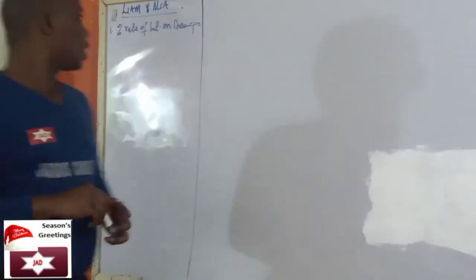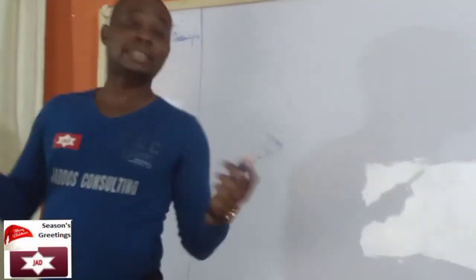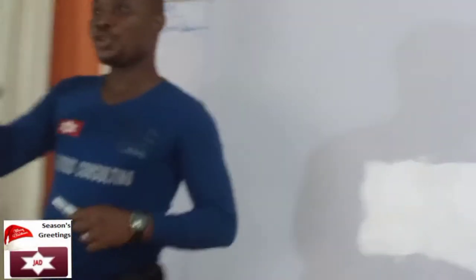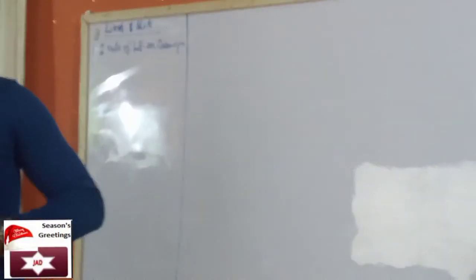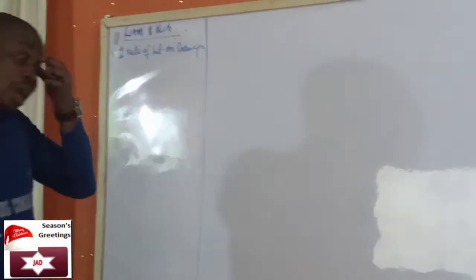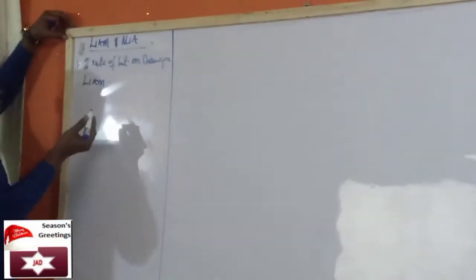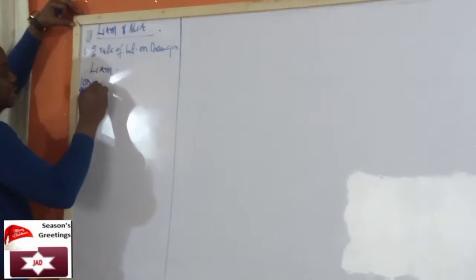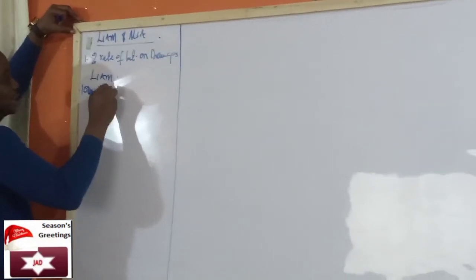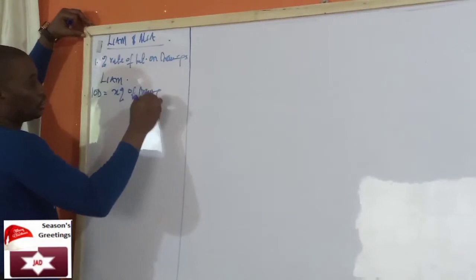So we can just use a simple mathematical equation to derive the rate of interest charged on drawings. For Liam, interest on drawings is X% of drawings.